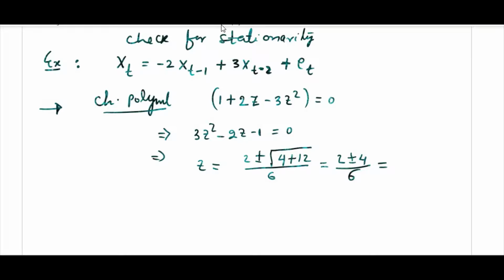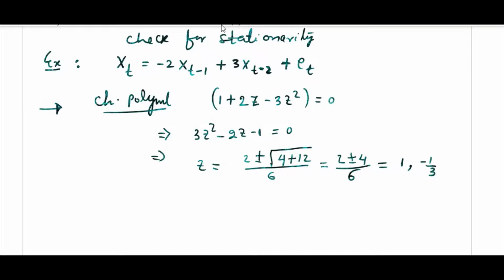Two minus 4, that is minus 2, divided by 3. I hope it's correct. Okay, 6 by 6 is 1, and the other one is 2 minus 4, that is minus 2 divided by 3, minus 1 by 3.